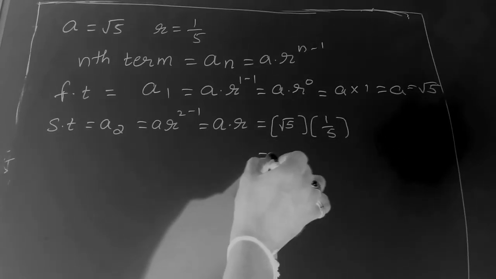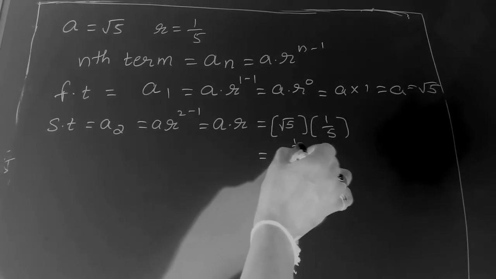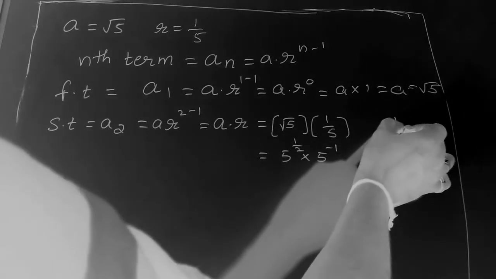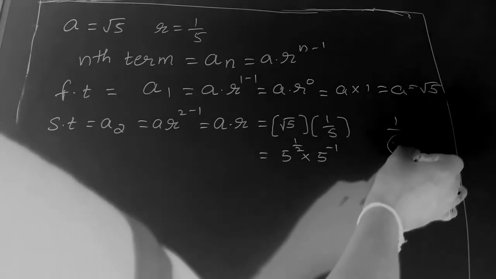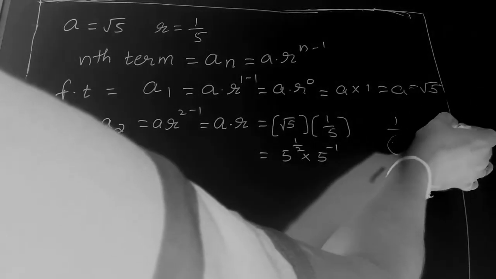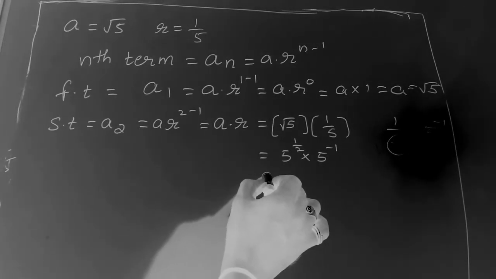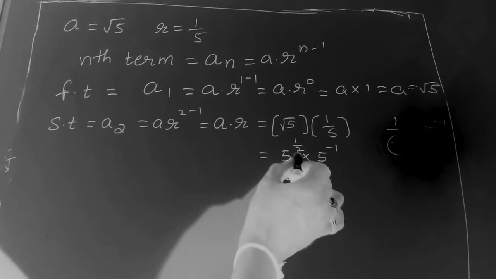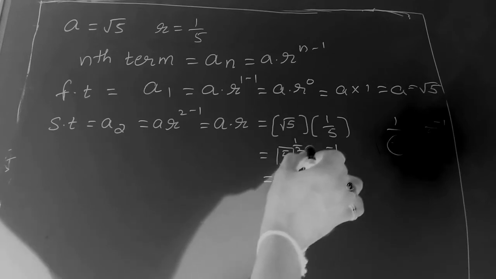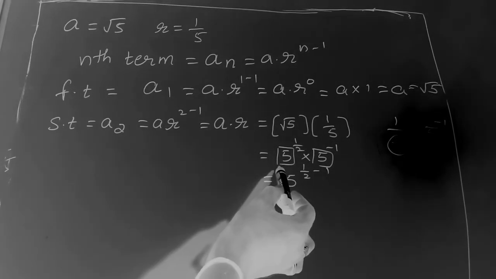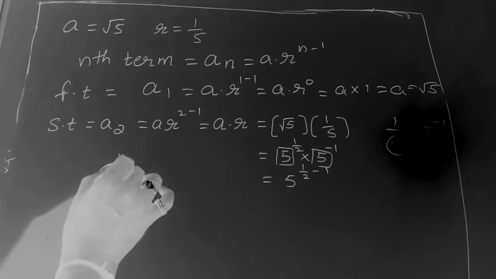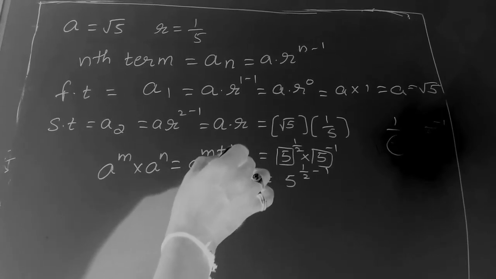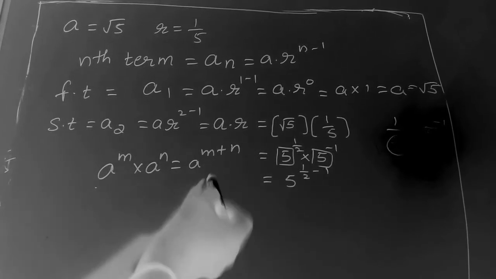Root 5 is 5 to the power of 1 by 2. 1 by 5 is 5 to the power of minus 1, taking the 5 to the numerator. So we get 5 to the power of 1 by 2 into 5 to the power of minus 1. If bases are equal, powers should be added: a to the power of m into a to the power of n is a to the power of m plus n.